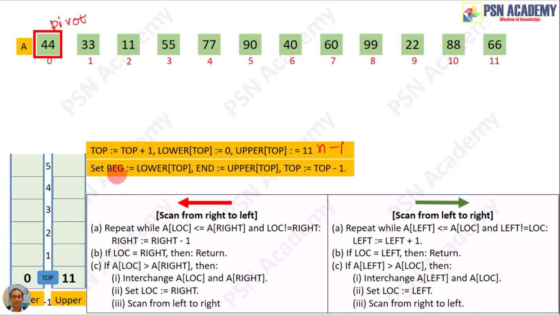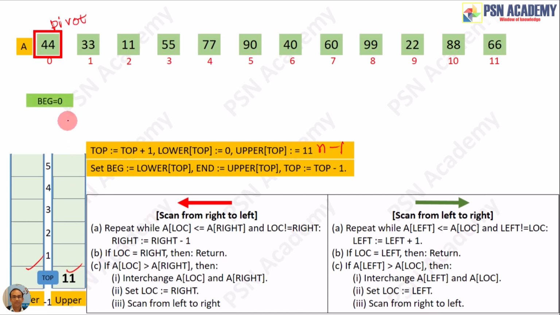Next, you go like this. Set beg to lower top, end to upper top. What is the meaning of lower top? Lower top is lower 0 and lower 0 means 0. And end is upper top. Upper top is 11. So you set beg and end to 0 and 11 respectively and get your top down. Okay, so top will be going down to -1. That means you are actually popping 0 and 11 from these stacks, right?